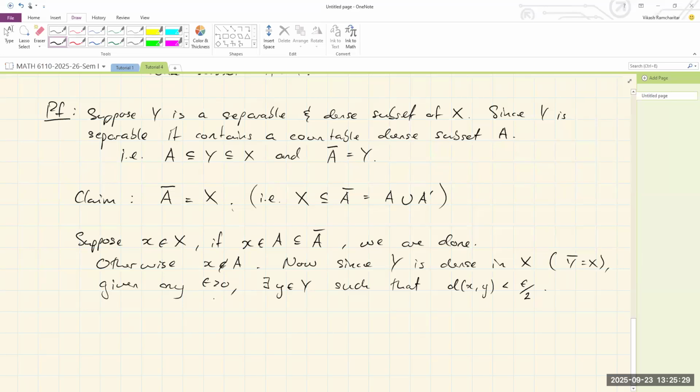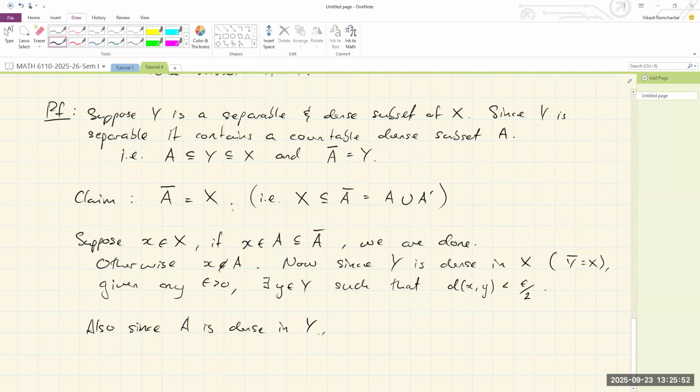But I know that A is also dense in Y. That's what my other assumption was. So also, since A is dense in Y, I'm going to apply that same result.